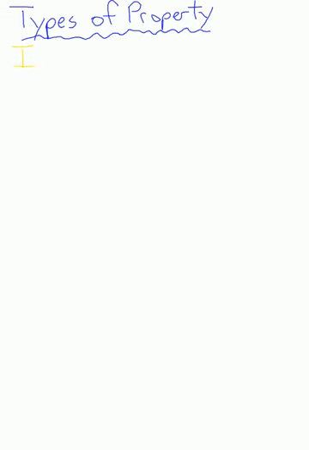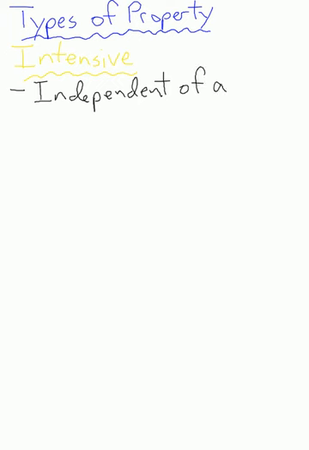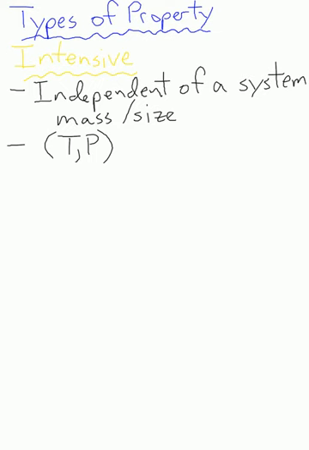Now there are three types of thermodynamic properties that we'll be using in this course. The first of those is called an intensive property. An intensive property we describe as being independent of a system's mass and size. Good examples of those are temperature and pressure. So let's go back to thinking about the air in your room. If you think about the air in the room that you're in right now, we'll call that air the fluid of the system, the system being your room.